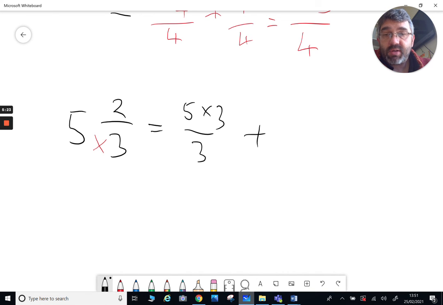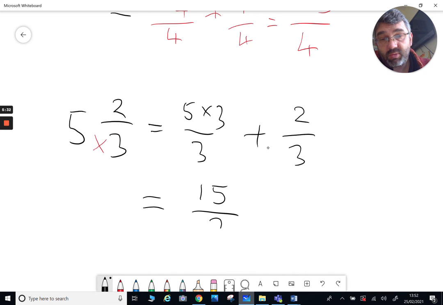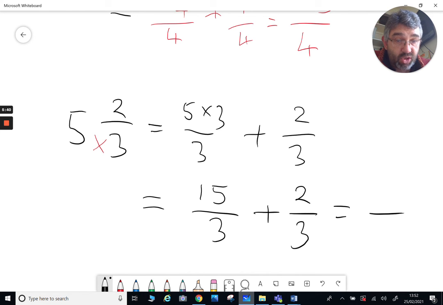We can add to that the 2/3 we've got here. So we work that through. 5 3s are 15. We've got 15 over 3 here, 15/3. Add the 2/3 we've already got. Just remember, we do not add the denominator, it stays as 3. 15 add 2 is 17 over 3. So now we've got an improper fraction.